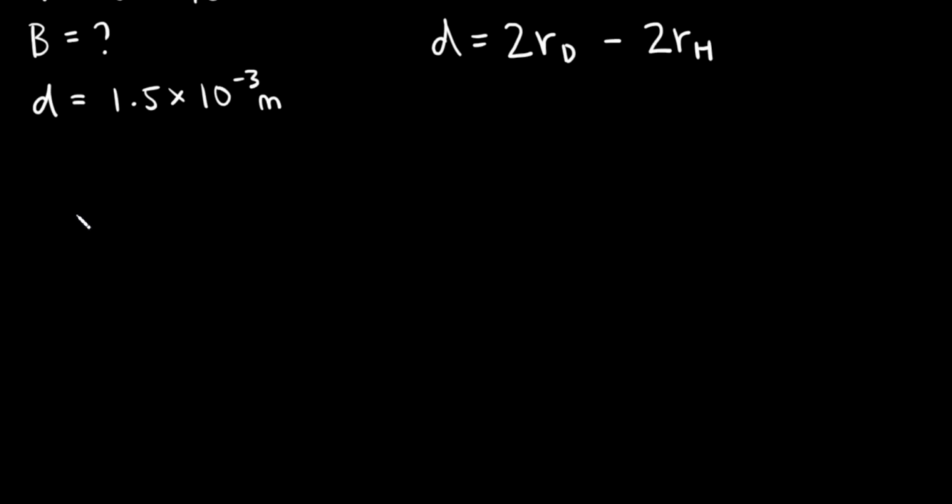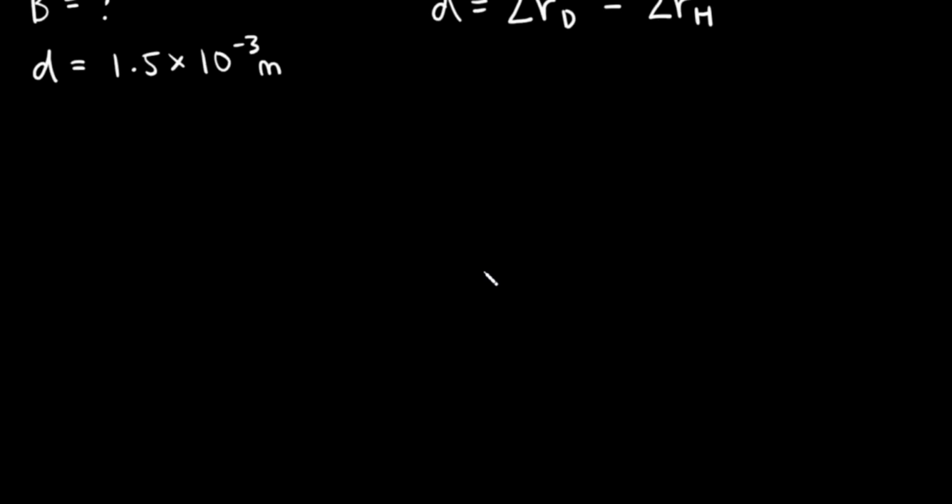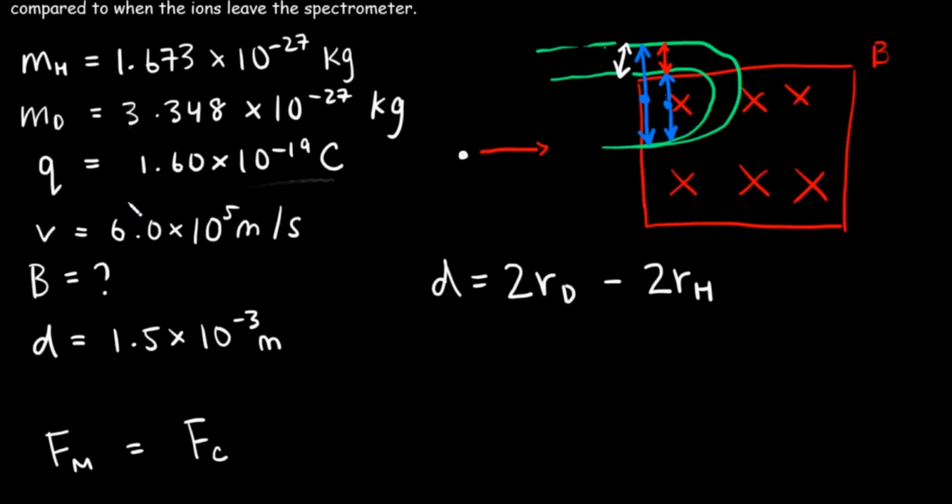So let's start with some forces. Okay, so I'll just write the force first. What we want to use is Fm equals Fc. And the reason why we're doing this is that we can plug in some values for these and rearrange to get the radius. So why is Fm equal to Fc?